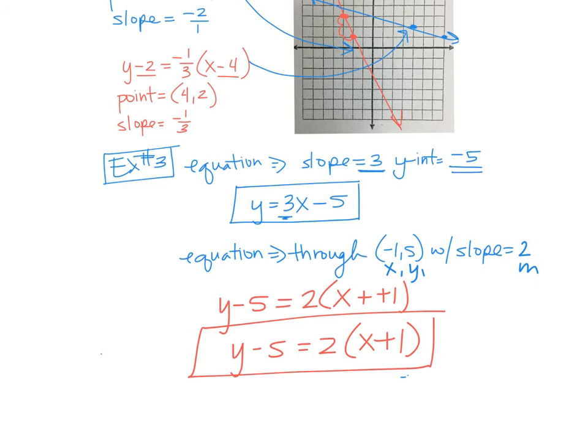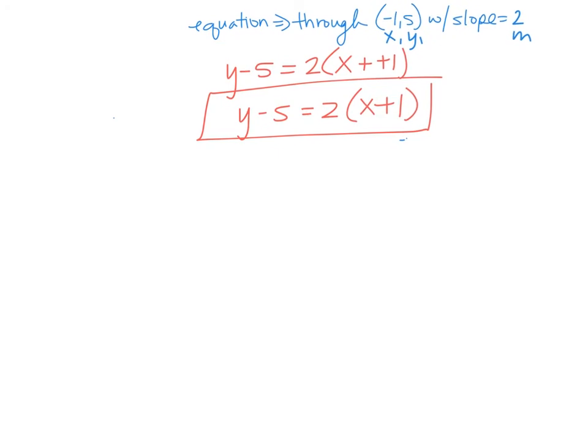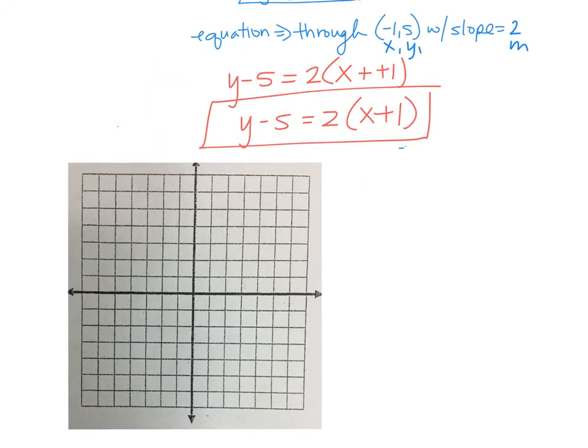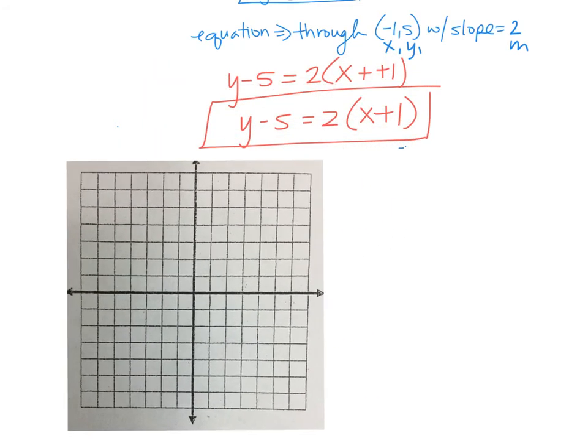What do I do with this? Let's say we have a graph and we have a point at 3, 5 and a point at negative 2, negative 1.